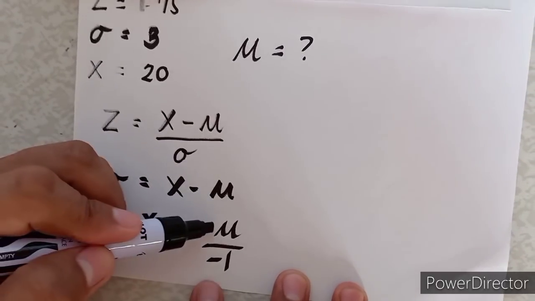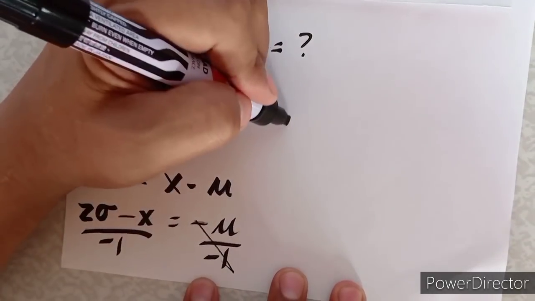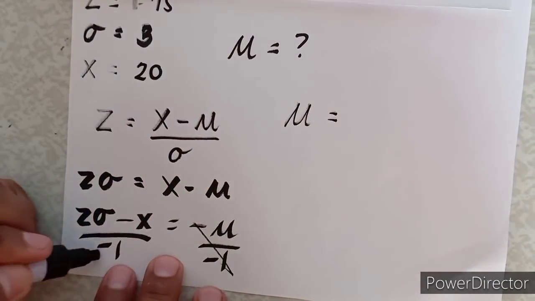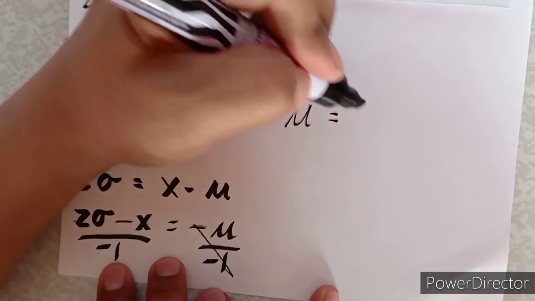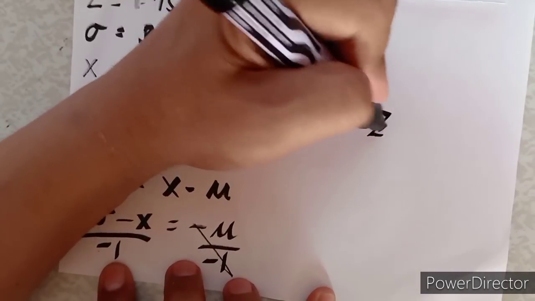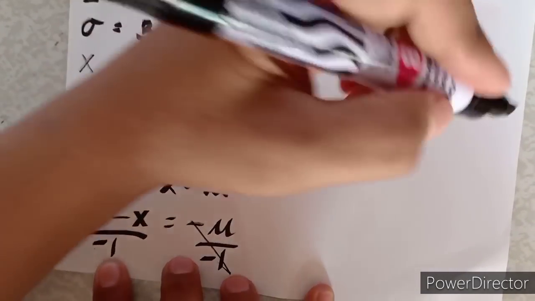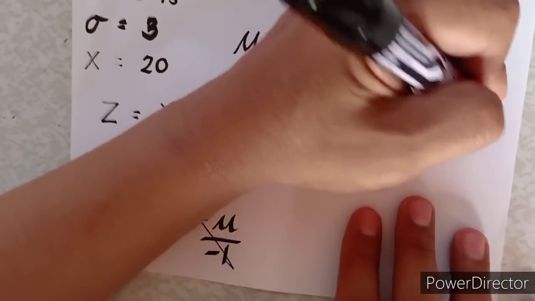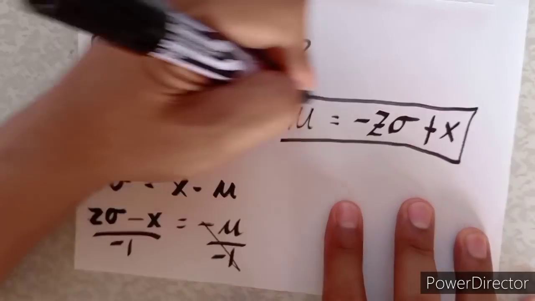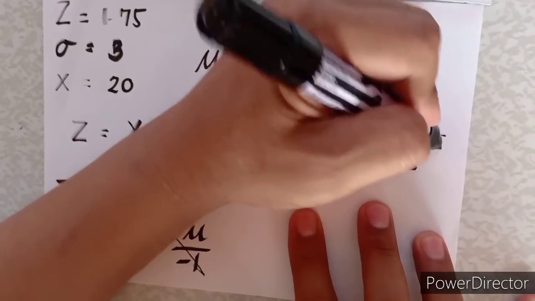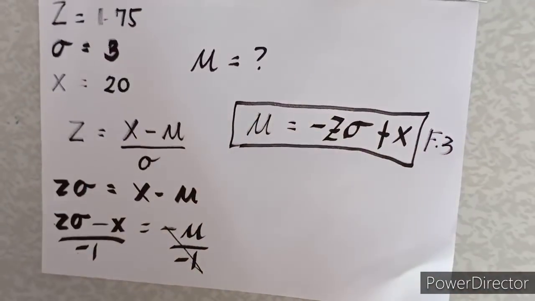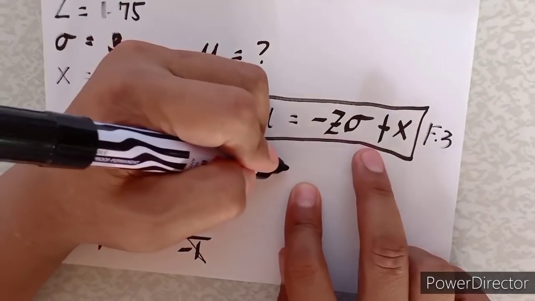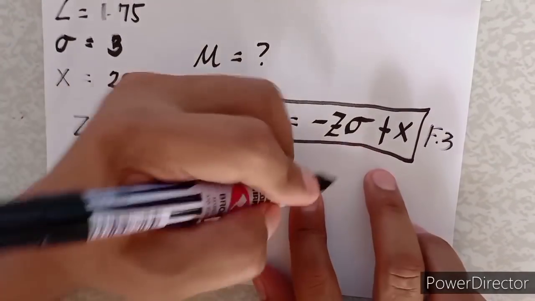There is an imaginary 1 there. So that cancels, and what remains is mean, is equal to negative Z times standard deviation plus X, since negative and negative become plus. This is our formula number 3.